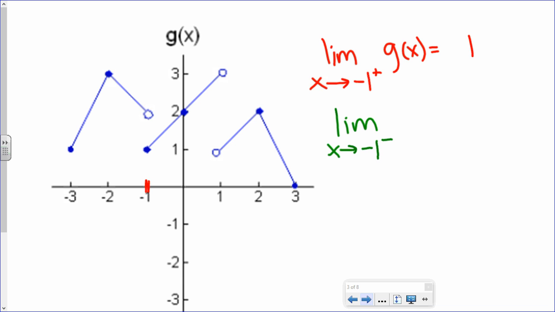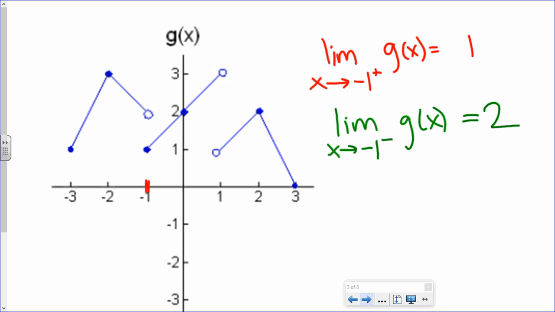The limit as x approaches -1 from the left: if we approach negative 1 from the left side, we're up here. What y coordinate are we approaching? 2. So from the right side, we are approaching 1.